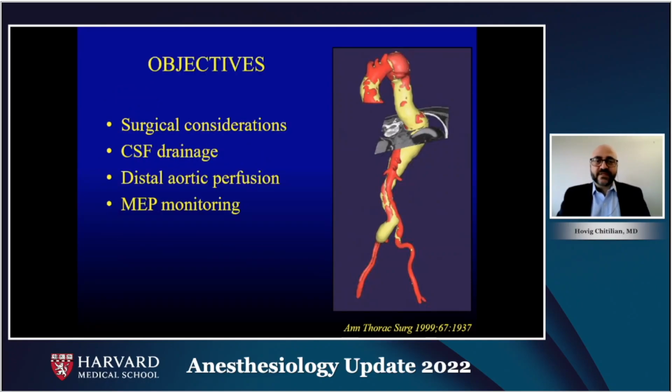So what I'll do in the remainder of the talk is focus on a little bit about the surgical procedure, what's involved in the actual repair itself, and then talk about some of the management features that are unique to this type of case, specifically looking at means of spinal cord protection with CSF drainage, means of visceral organ and cord protection with distal aortic perfusion, as well as the use of motor evoked potential monitoring.